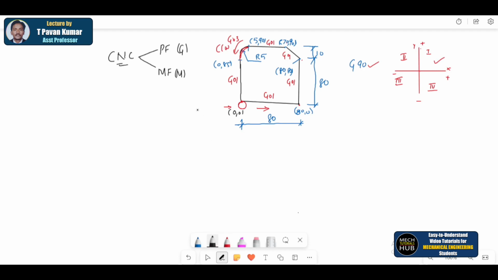But before that, let me give some input data required. Let us take, for your understanding, cutter diameter as 20 mm. That is the first requirement. One more requirement is speed equal to 1000.